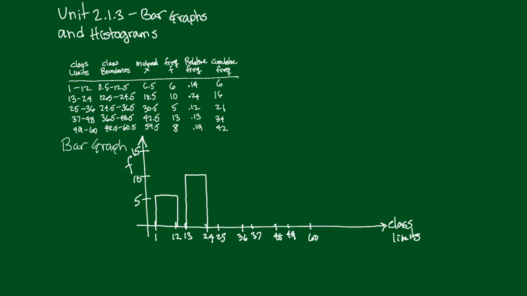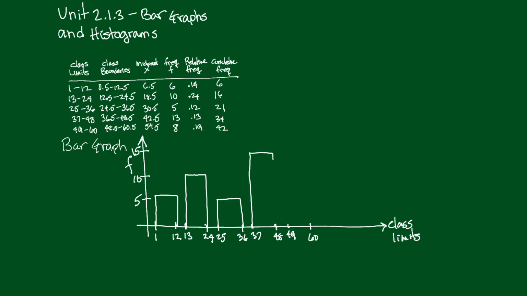And then the next bar is going to go 25 to 36. And we have 5 pieces of data in that class. So this is going to go up to 5, a little bit below that 6, over to 36. 37 to 48, that goes up to 13. All right, so 13, well, that's maybe about the 15.